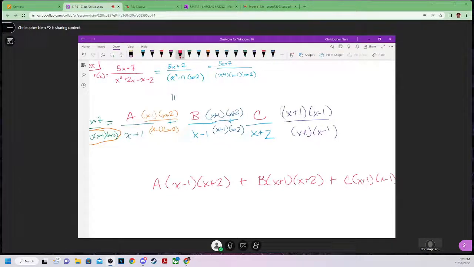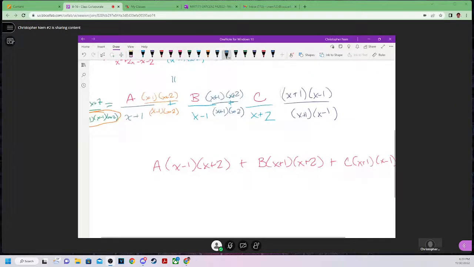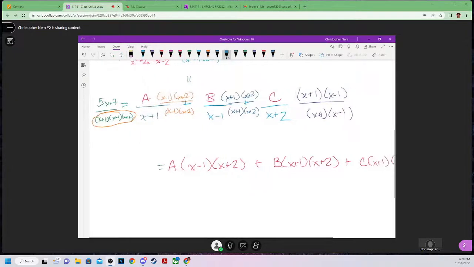So I'm just going to add them all up, the numerators. And this numerator should be exactly equal to this numerator, right? If they all have the least common denominator, they should add up to this final numerator. So I get 5x plus 7.